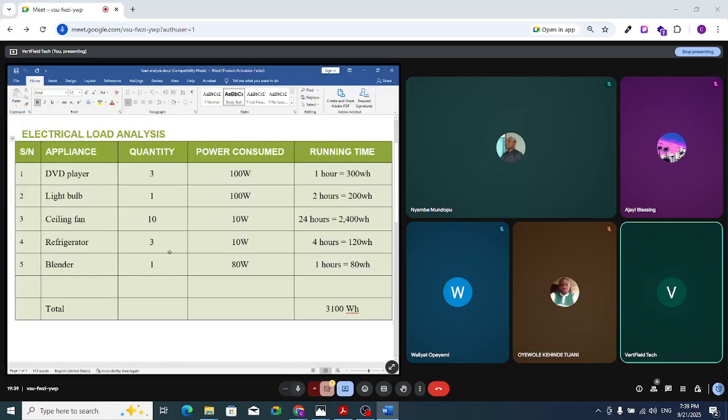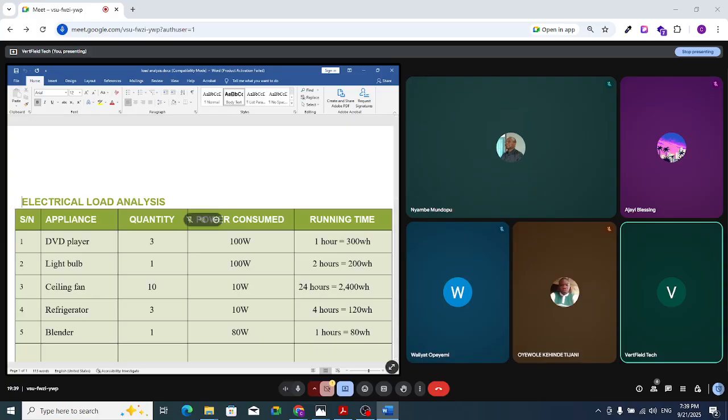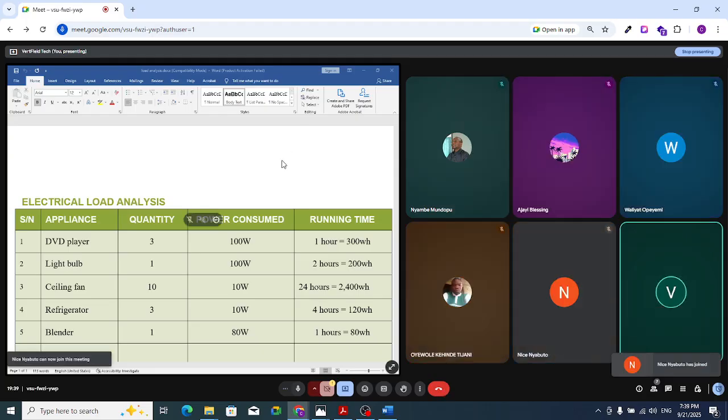Okay. All right. So what you are seeing on my screen, like I said earlier, is a typical example of an energy audit system that we have done, or we are going to look at today.